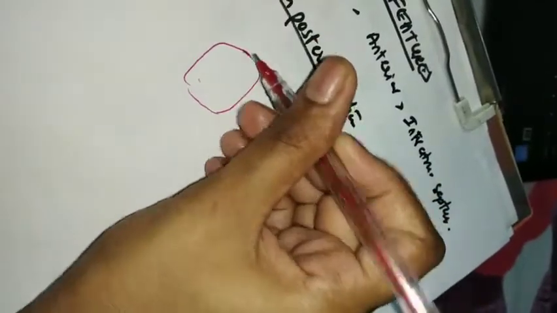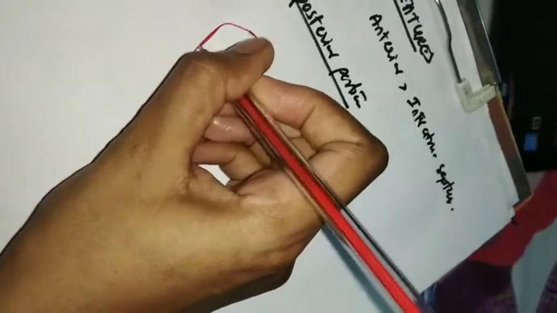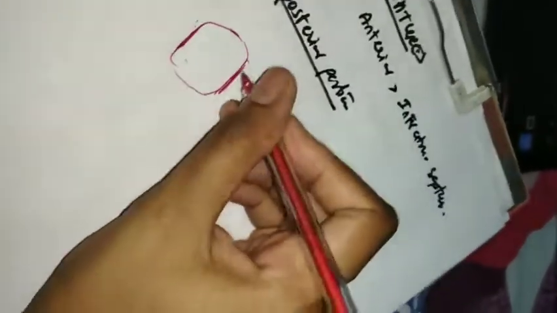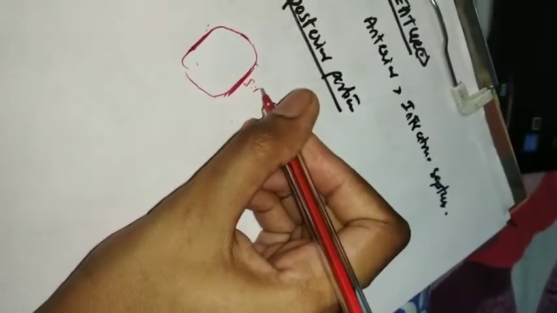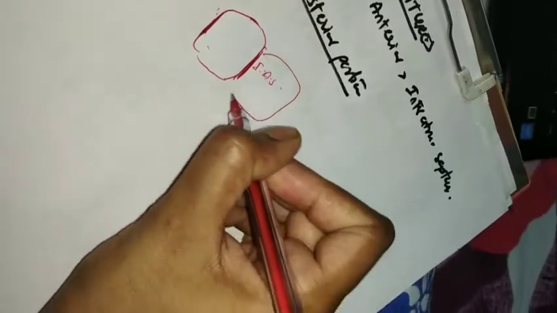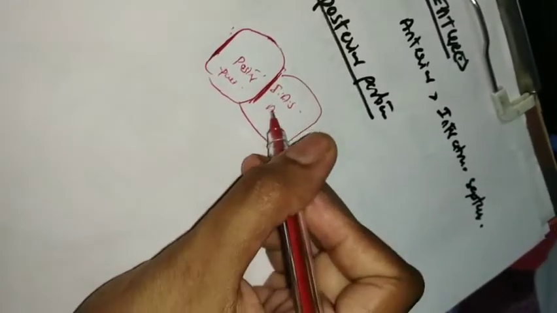If I cut it from this side, this is your intra-atrial septum. I'm just slicing it. So we are seeing about the internal features. This is your posterior part, and this is your anterior part.